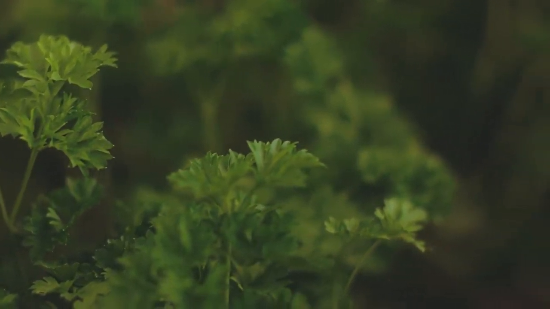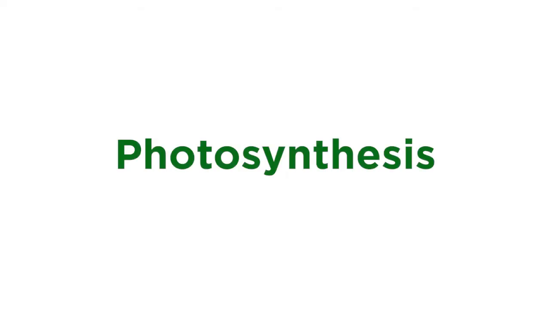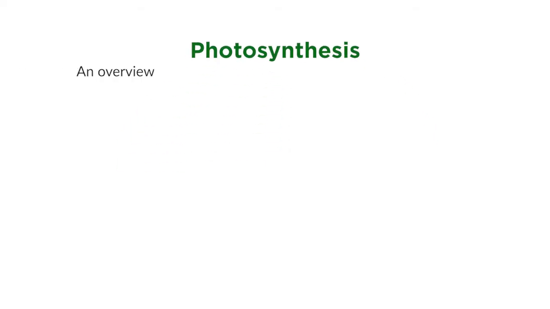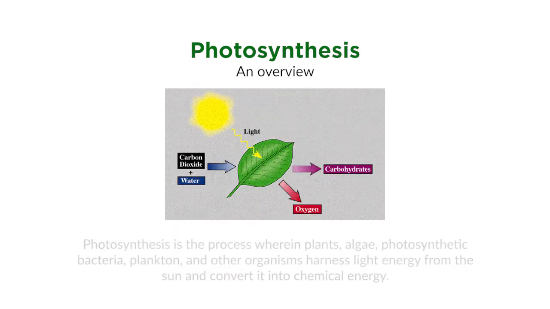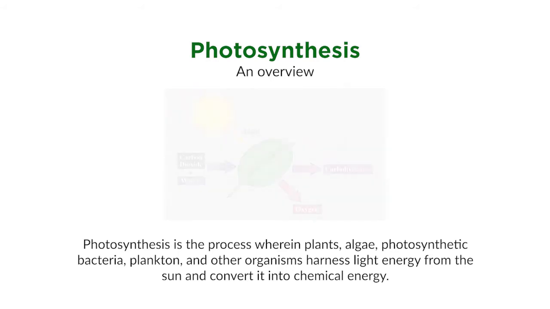Before we get into a detailed view of what happens in photosynthesis, it is important to first establish a general understanding of it. So, in its essence, photosynthesis is the process wherein plants, algae, photosynthetic bacteria, plankton, and other organisms harness light energy from the sun and convert it into chemical energy.